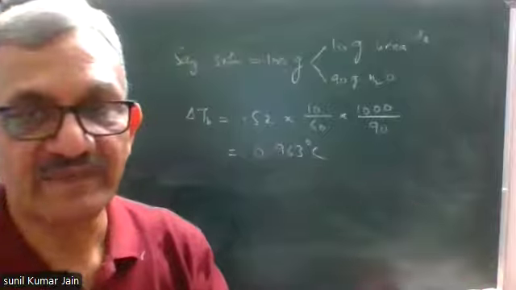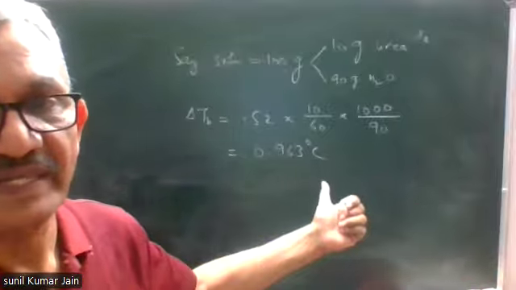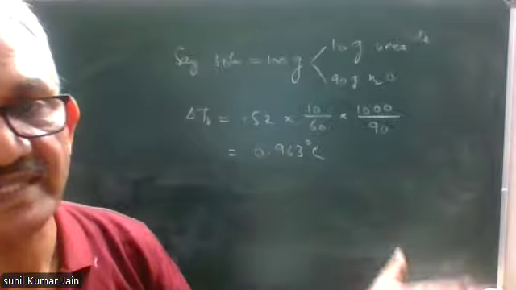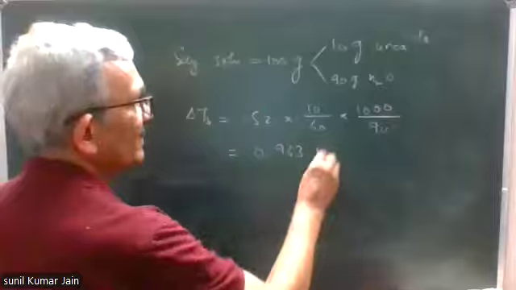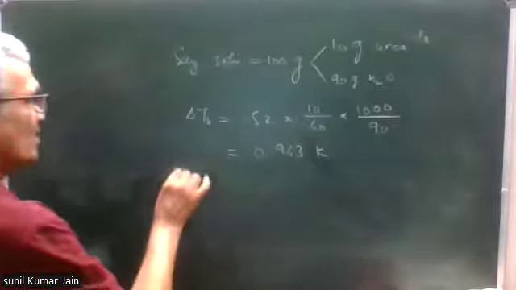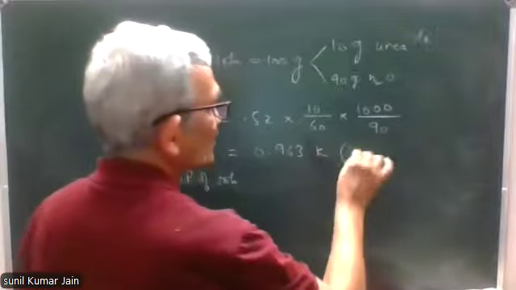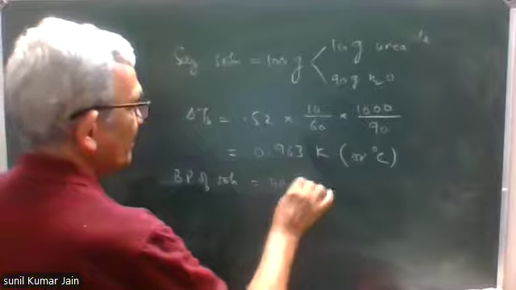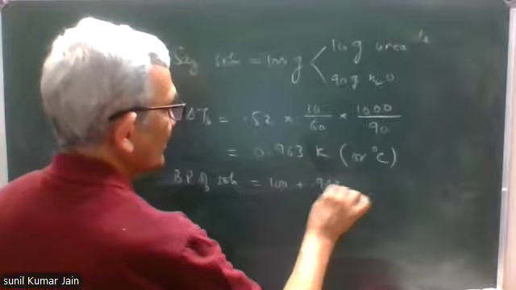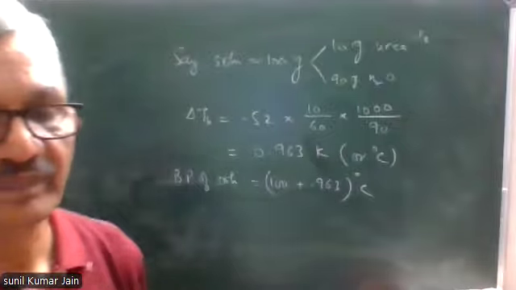See, elevation is a difference, so whether you write in Kelvin or Celsius, that is one and the same thing. So boiling point of solution, let me write in brackets for degree centigrade, will be 100 plus elevation.